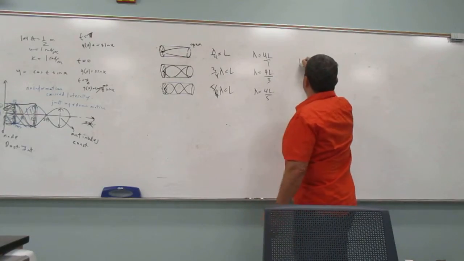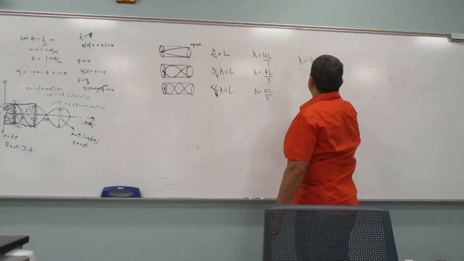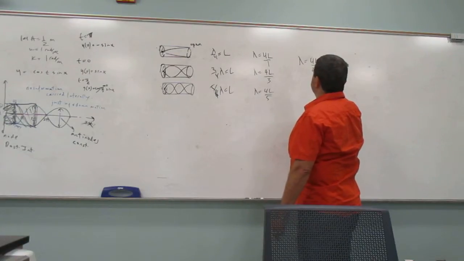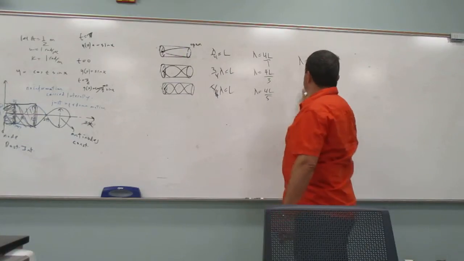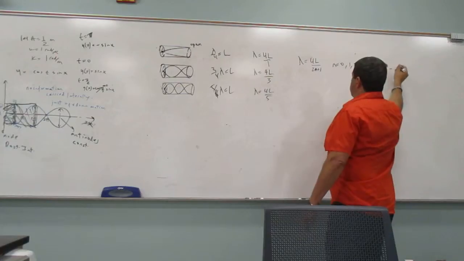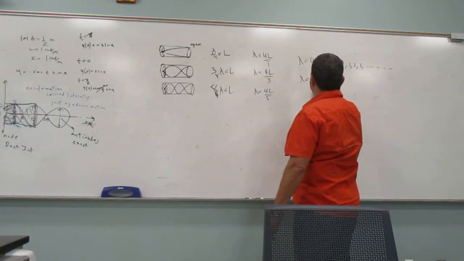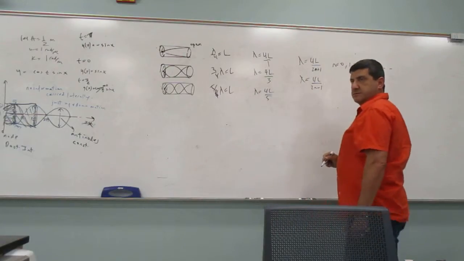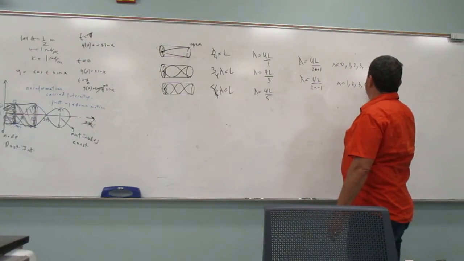Okay, so can we do it this way? 4L over 2n plus 1. That would work if n is 0, 1, right? Or you could do lambda is 4L over 2n minus 1, where n is 1, 2, 3, 4.